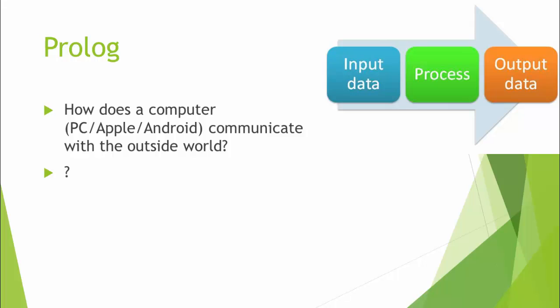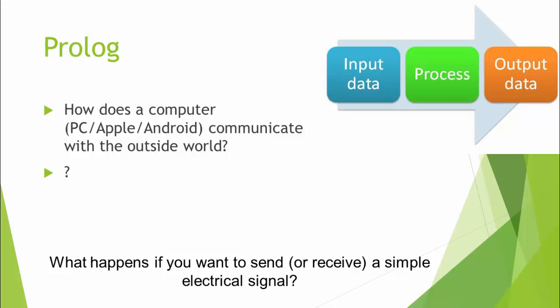And in terms of output, I suspect you mainly thought about the monitor, maybe you thought about audio as well, those kinds of things. Now, I'd invite you to think about what you would have to do with a computer if you wanted to send or to receive just a simple electrical signal.